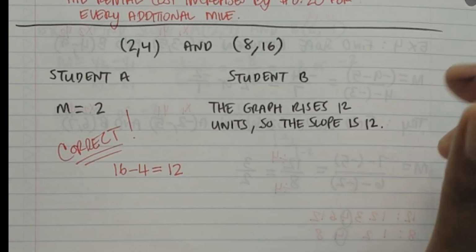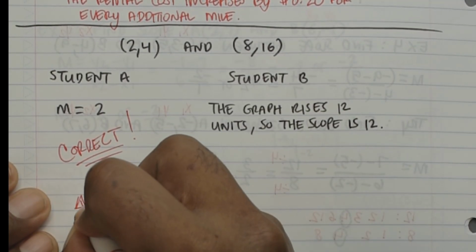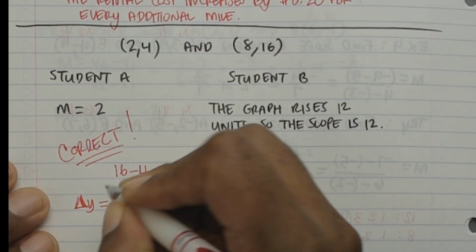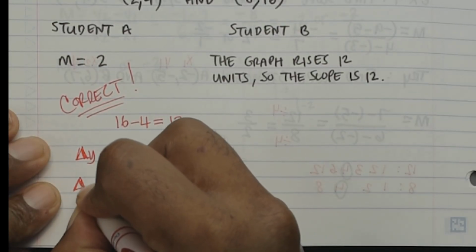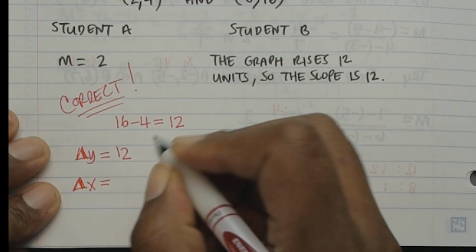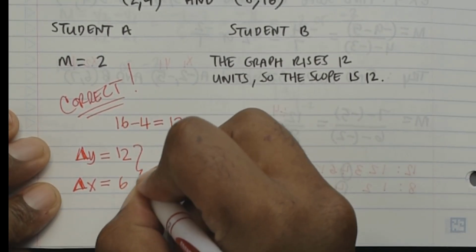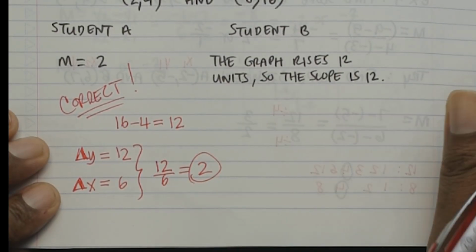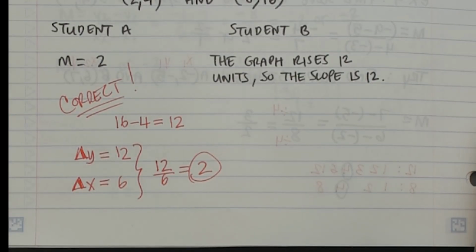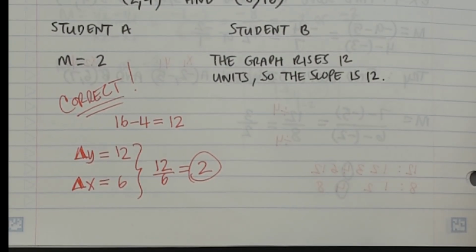So, for example, delta y is 12, but delta x is 6. So 12 divided by 6 is 2. Because slope is a ratio of two changes. That's the big idea. Slope is a ratio of two changes. That is the deeper idea.